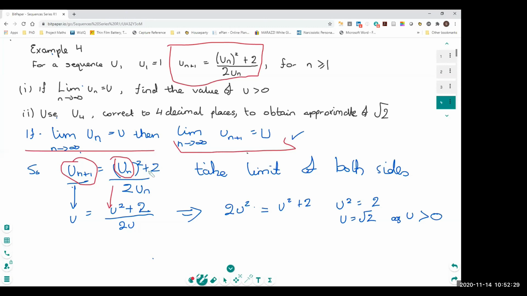And then it's plus 2, the limit of 2 is 2. And under the line, we know that the limit of u of n is u. So under the line, we have 2u. So we just evaluate it. 2u squared is equal to u squared plus 2. So that gives us u squared is equal to 2. So u is equal to root 2 as u is greater than 0. So for all values, u is equal to root 2.